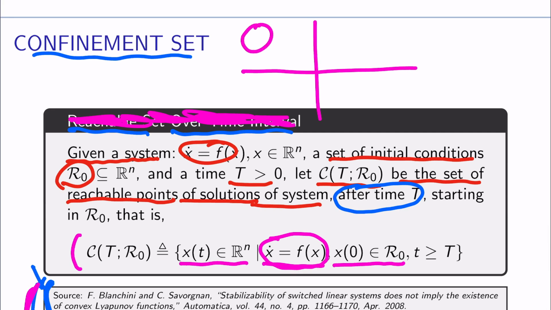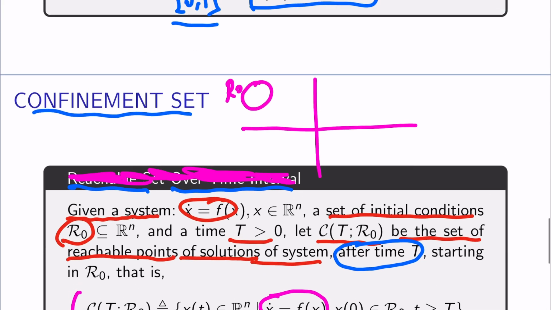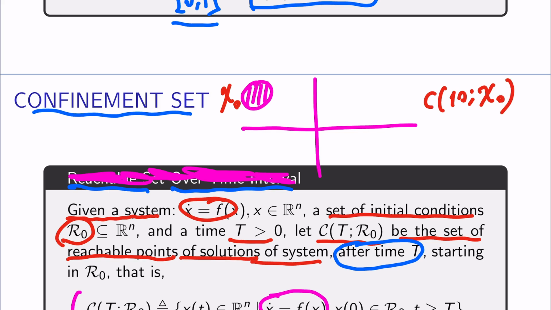let's say this is the set of initial conditions, right? And then we say that, let's look at 10 seconds, for example, and this is the set. Imagine this is a stable system, x1 and x2. This is a point, right? Like equilibrium points.